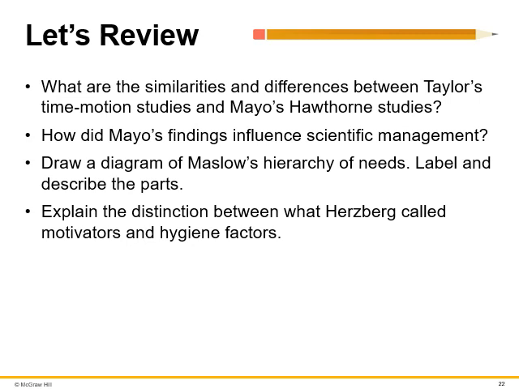Next, you can also draw a diagram of Maslow's hierarchy of needs and label and describe the parts. So you can see that on a few slides back. And finally, on the review, explain the distinction between what Herzberg called motivators and hygiene factors.